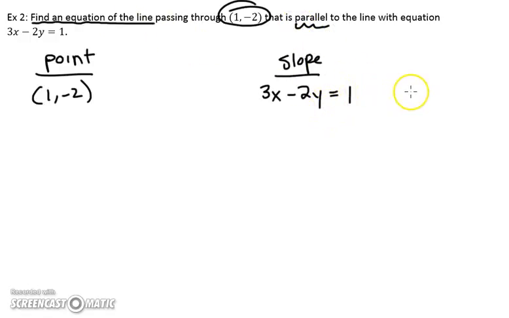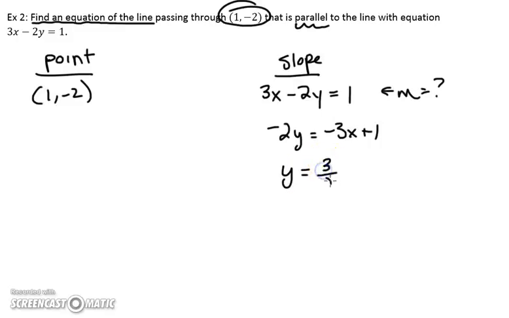So if I can find the slope of this line here, then I know what the slope of my equation is going to be. Putting this into slope-intercept form, negative 2y equals negative 3x plus 1, divide by negative 2, so y equals 3/2 x minus 1/2.